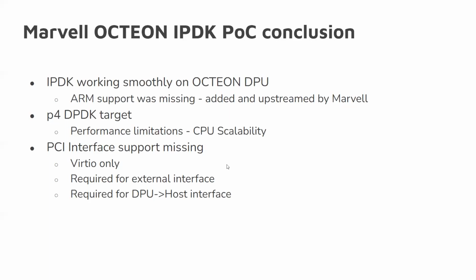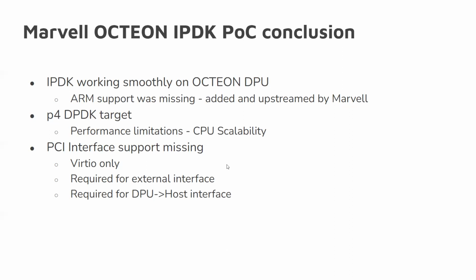Okay, so now we saw a live demo of the previous DPU use case, and now we want to conclude. So here is a list of findings we want to share. IPDK was working smoothly on Octeon DPU, but just after we added the ARM support.